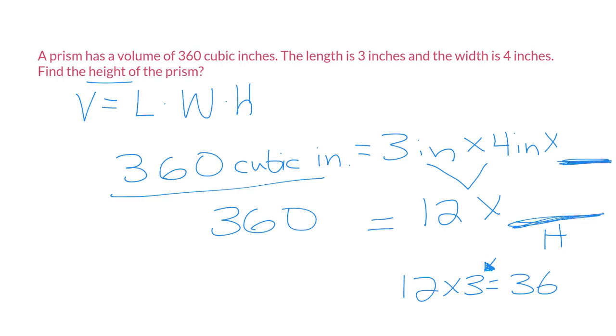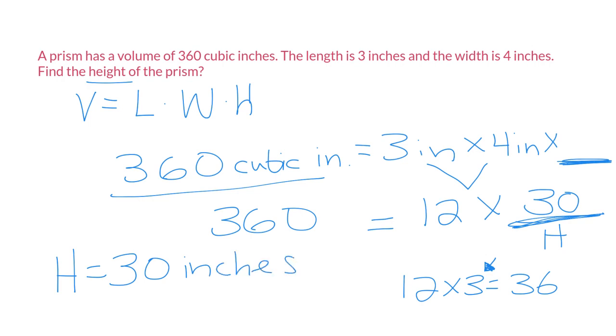A number that is 10 times bigger than 3. Oh, 30. My height of my prism needs to be 30 inches in order for my volume to be 360 cubic inches. Our final answer is our height is equal to 30 inches.